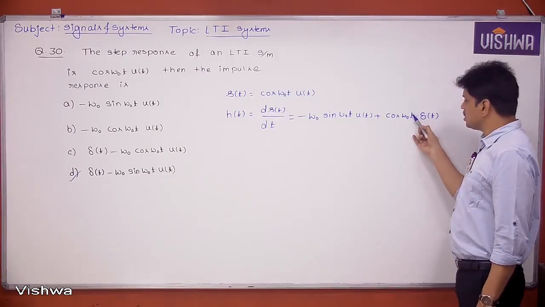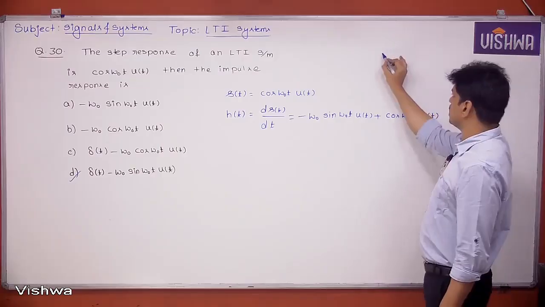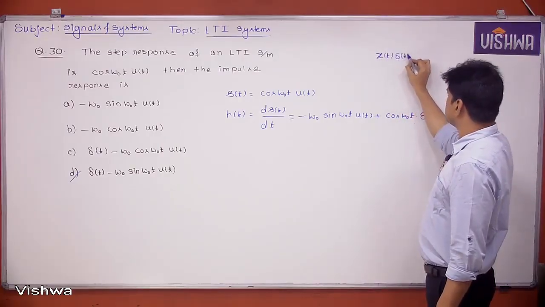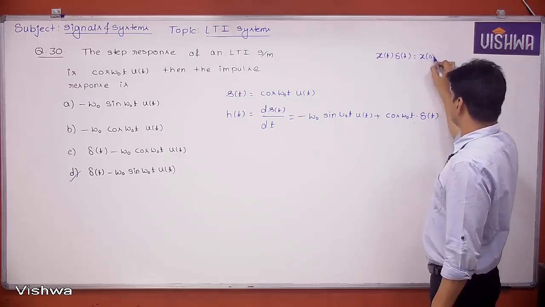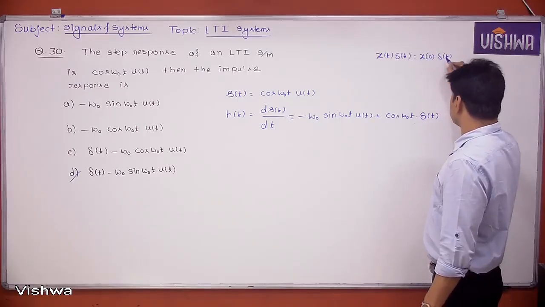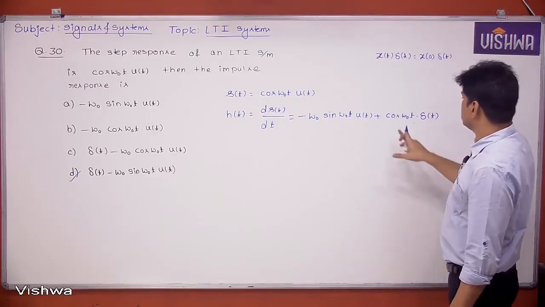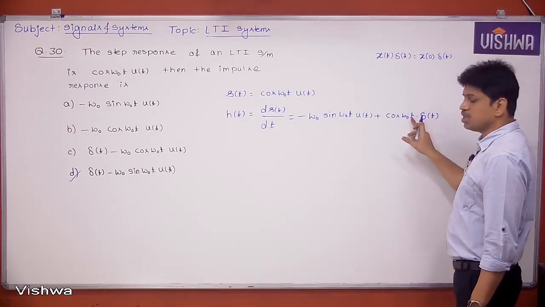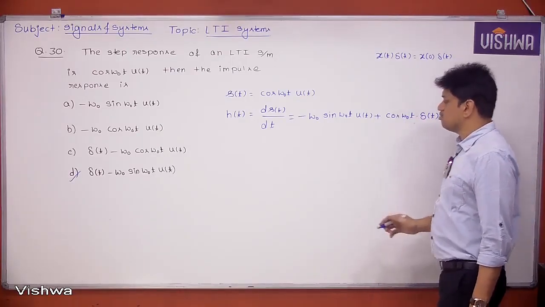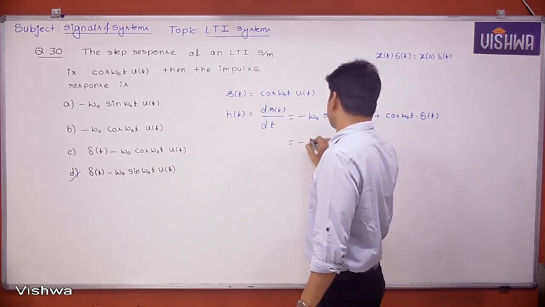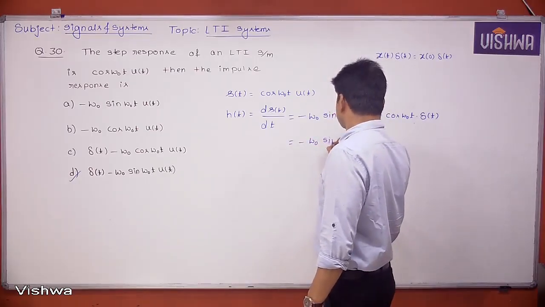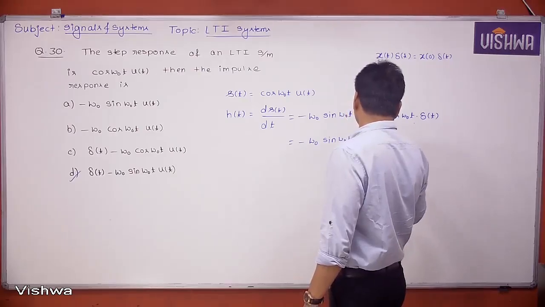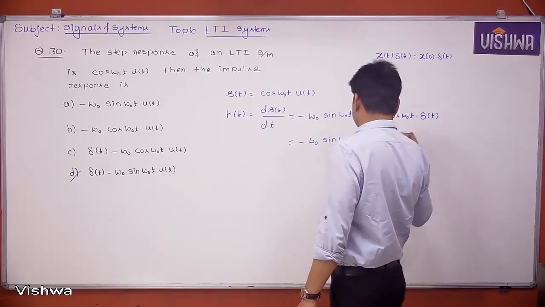That is, x of t delta t is x of 0 delta t. So cos omega naught t delta t is cos omega naught into 0, which is 1. Finally, this is minus omega naught sin omega naught t u of t plus delta t.